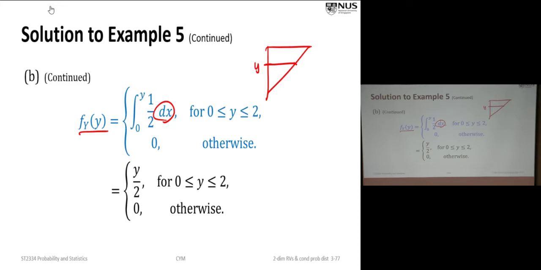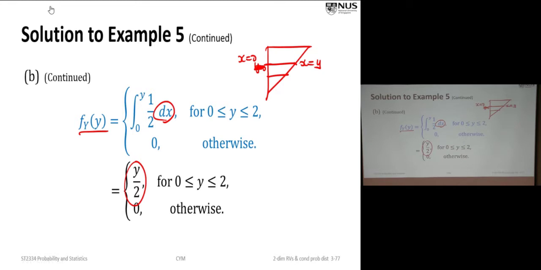So y equal to 0 up to, I integrate x, right? So x equal to 0 up to x equal to y. All right, x equal to 0 up to x equal to y. So 0 to y. And after you complete the integration, the marginal of y is y over 2 for y between 0 and 2.